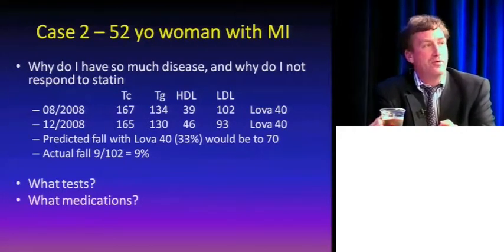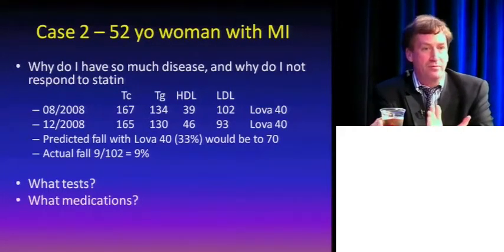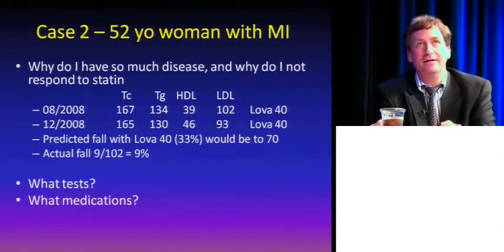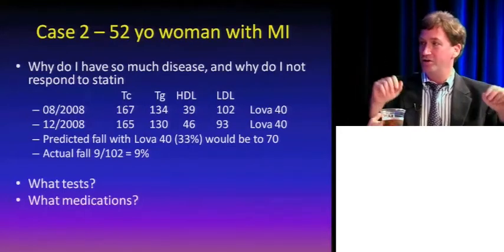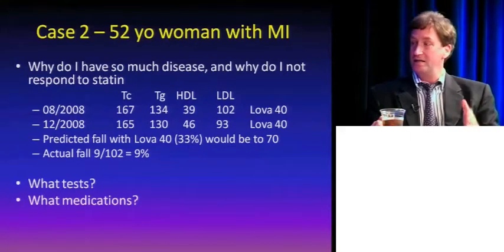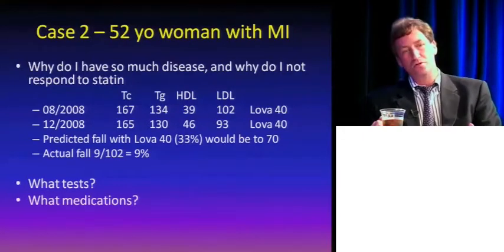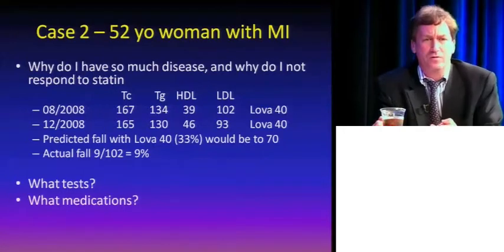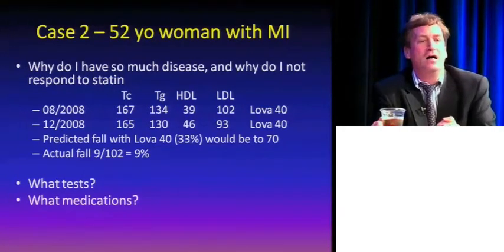The predicted fall with lovastatin would be 33%, which would be to about 70. So she was placed on an evidence-based medication. It does have outcomes data, which is very good. It theoretically gets the patient to 70, so it was a reasonable choice. It was $4, although this patient could afford more than that. The actual fall, however, was only 9%.